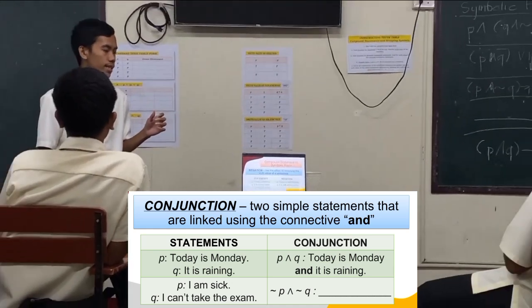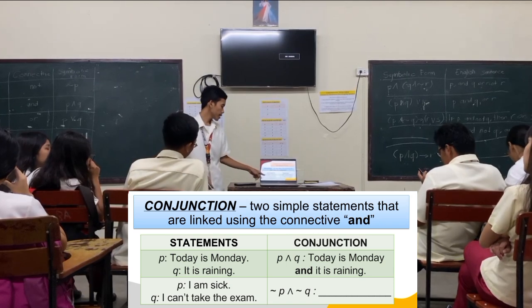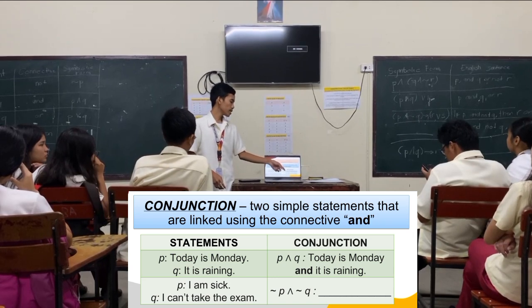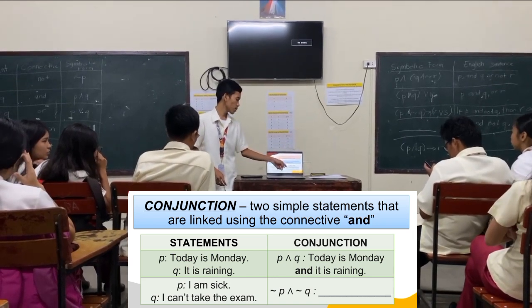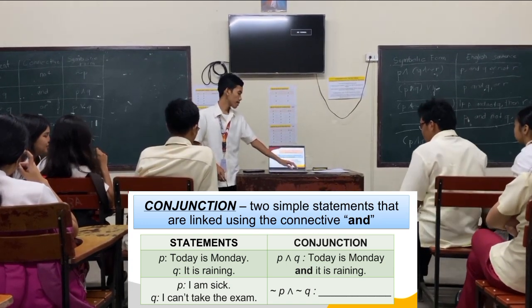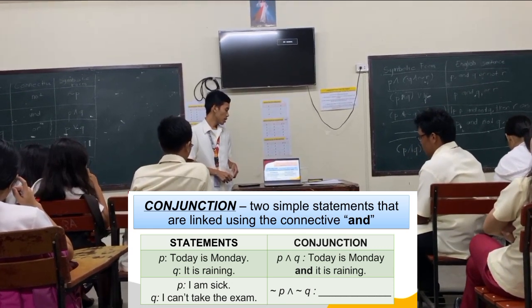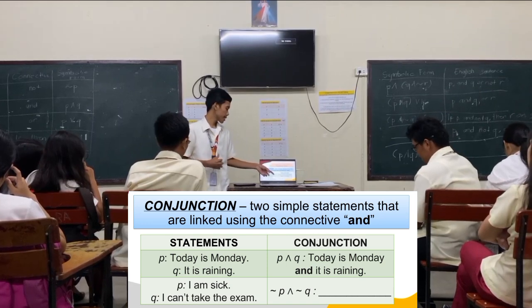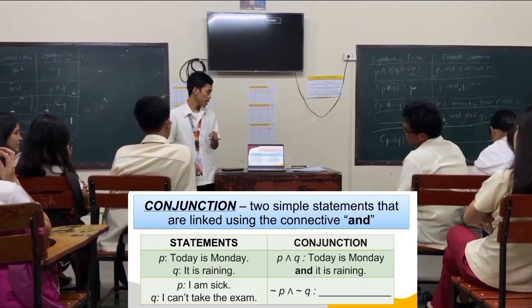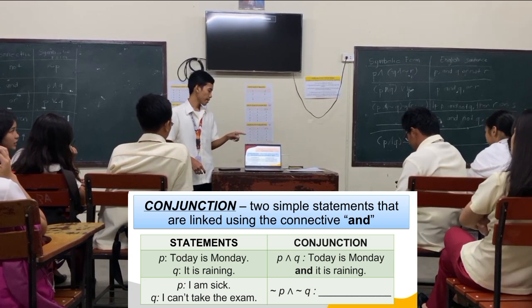If the first statement is false, the second one will be true. Here the example is: today is Monday. It is true, right? And when the negation comes, it becomes: today is not Monday. And then in conjunction, we use the simple reverse V to show the conjunction, and it is read as and.